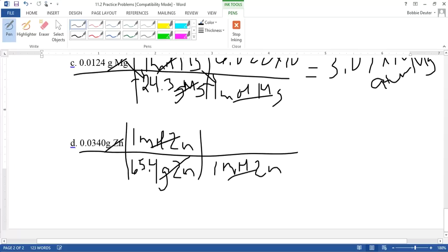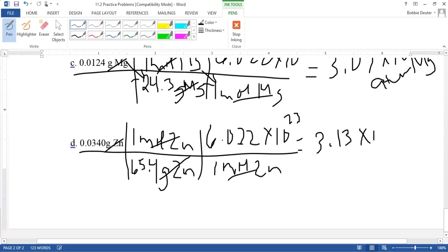Using Avogadro's number, because it's the only thing that can get us to atoms, 6.022 times 10 to the 23rd is equal to 3.13 times 10 to the 20th atoms of Zn. Okay, so those are the extra problems.